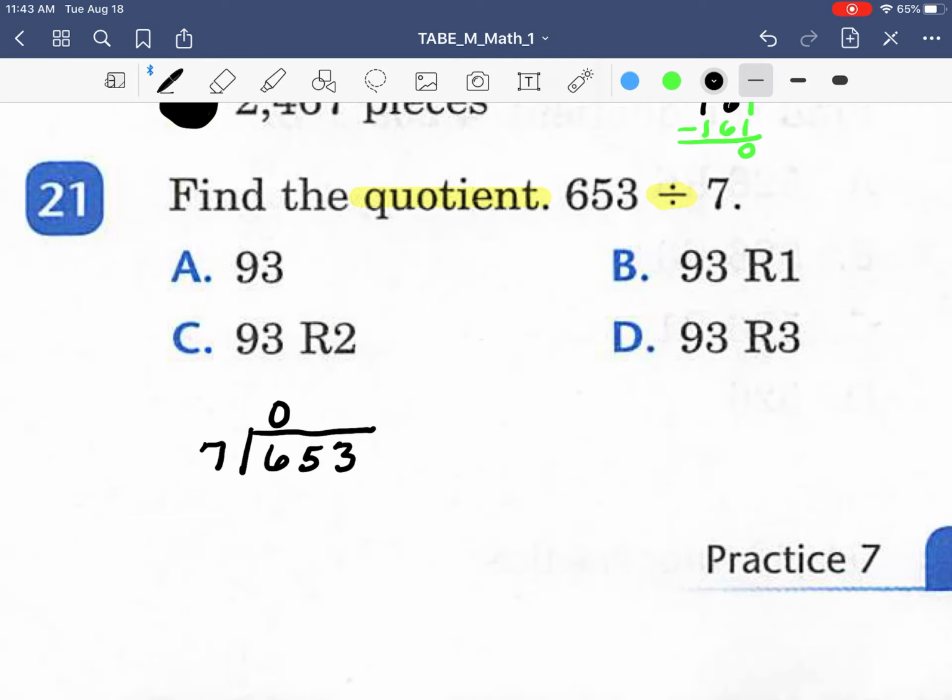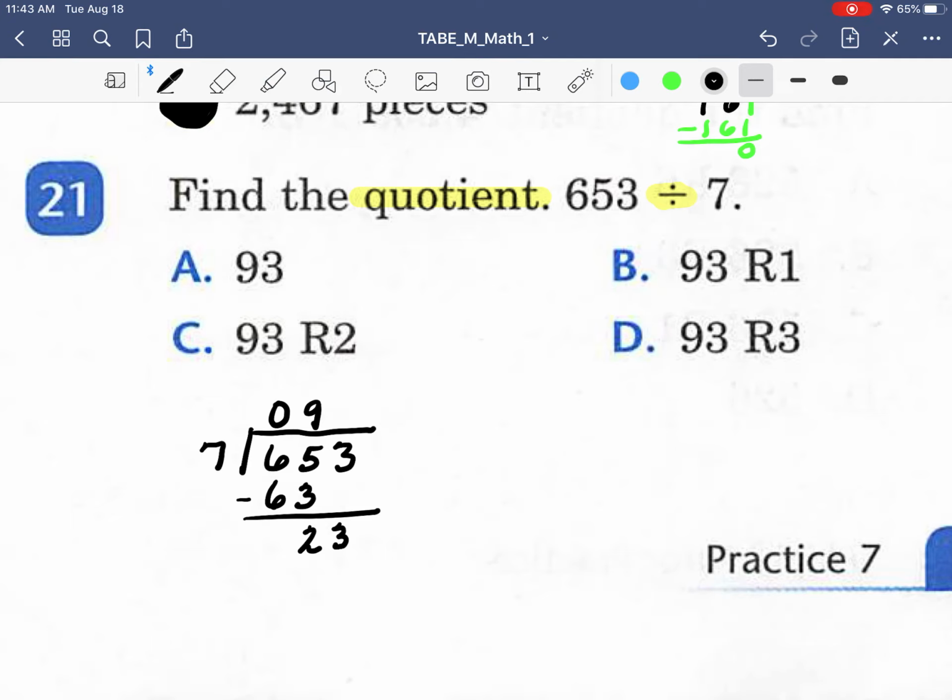So I have 7, 14, 21, 28, 35, 42, 49, 56, 63. 9 is the highest I can go, so I can't use that 10th finger. And that's 2 left over.